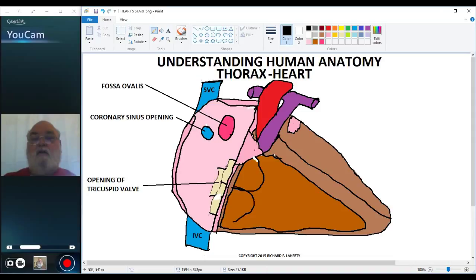There are 2 of the flaps, and then the 3rd flap is posterior, so we just see a little bit of it. And I'm going to color those flaps in with the same colors I used in the atrium. Like so.